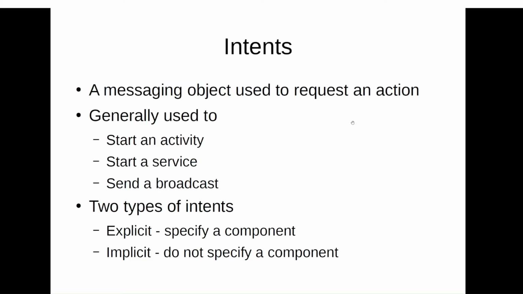Now, we will talk about explicit and implicit intents in more detail in a subsequent lecture. But for this particular lecture, we are going to look at explicit intents as our method of communicating between two activities.